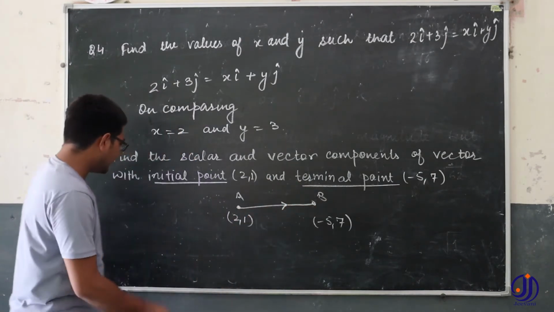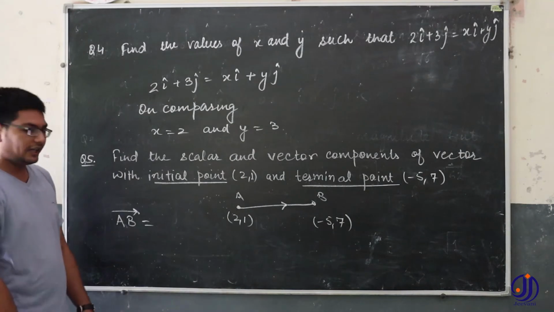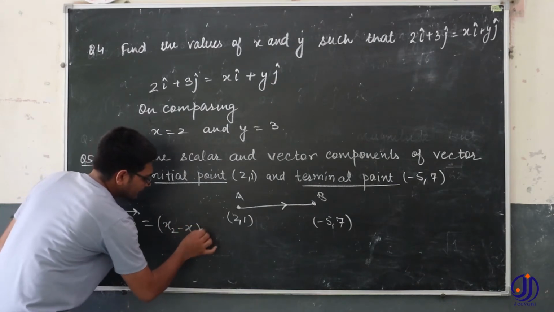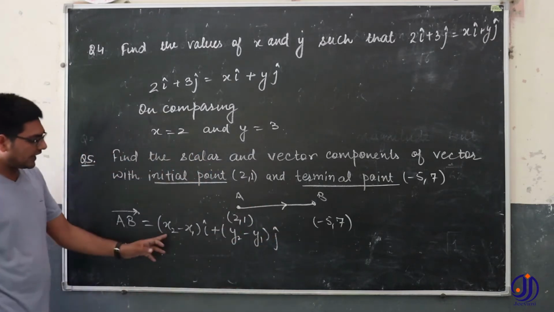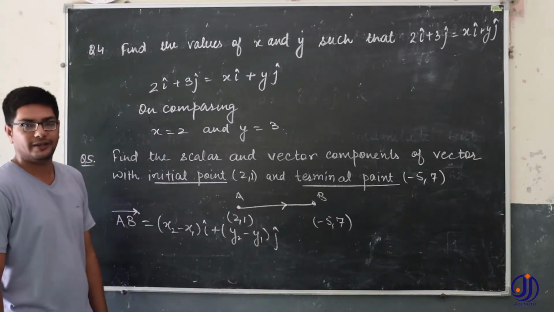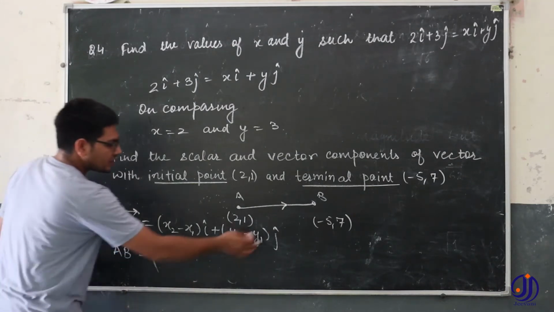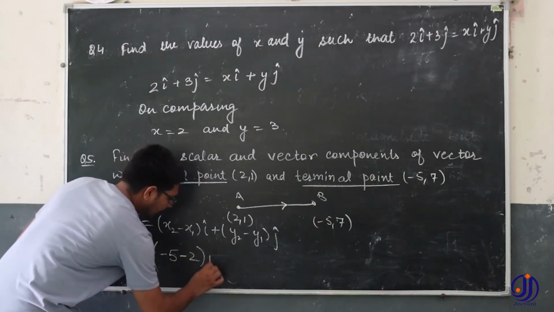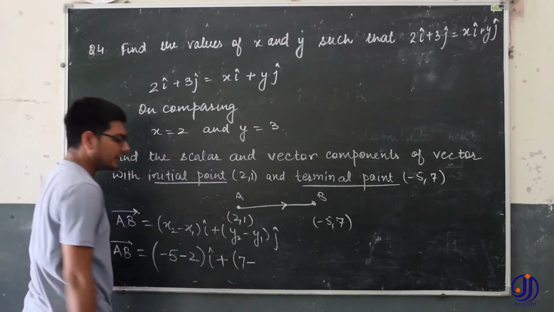Okay. So what is AB vector? We will write it as AB vector. What will be AB vector? AB vector is given by, as we have studied in the theory segment, (x2 minus x1) i cap plus (y2 minus y1) j cap, where x2 and y2 are the coordinates of point B and x1 and y1 are the coordinates of point A. Now put the values. x2 is minus 5, minus x1 which is 2, i cap, plus y2 which is 7, minus y1 which is 1.